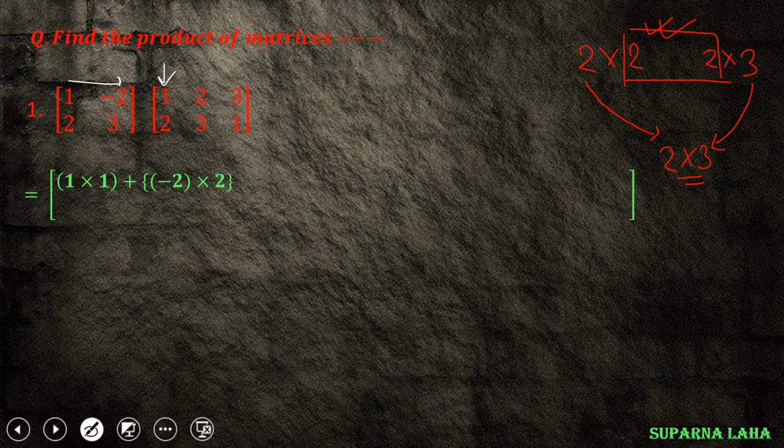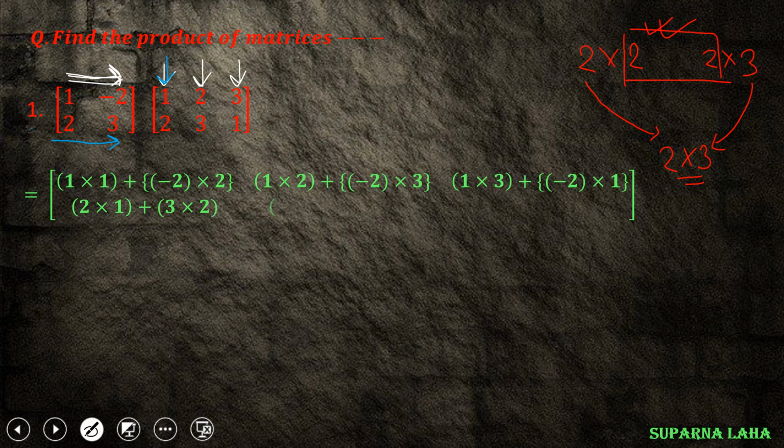Now again, first row with second column: 1 into 2 plus minus 2 into 3. Again first row with third column: 1 into 3 plus minus 2 into 1. Now, moving to the second row, first column: 2 into 1 plus 3 into 2.